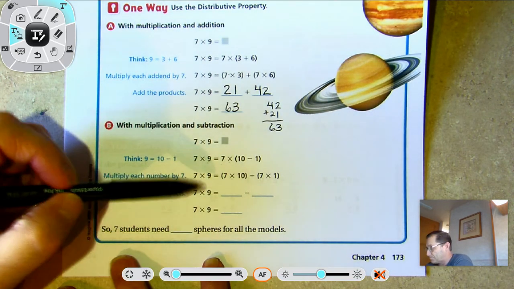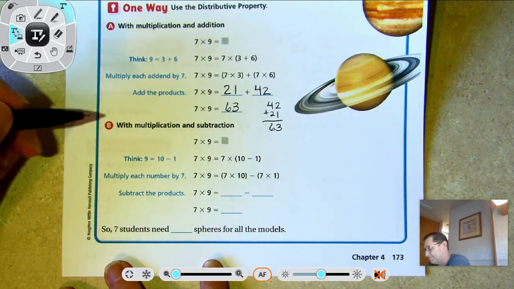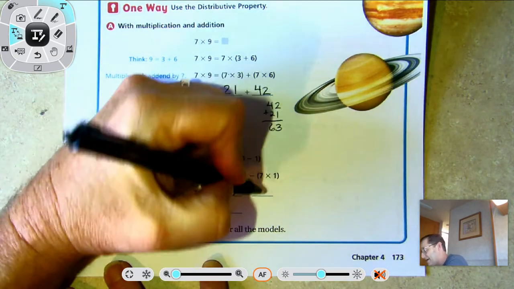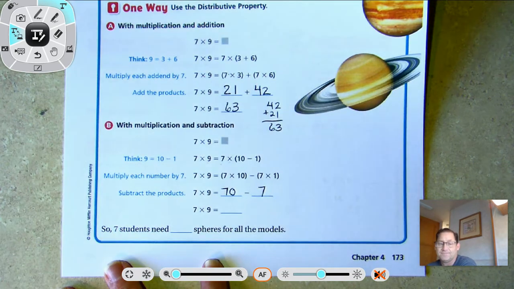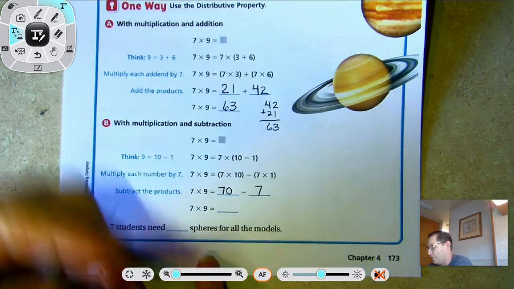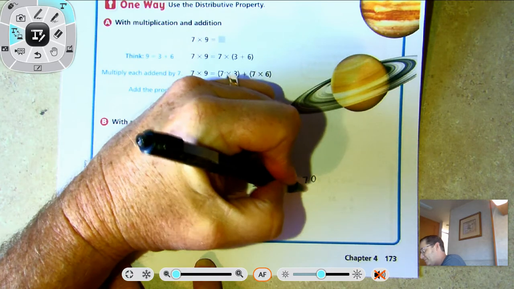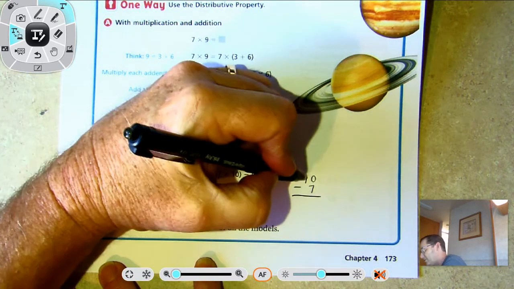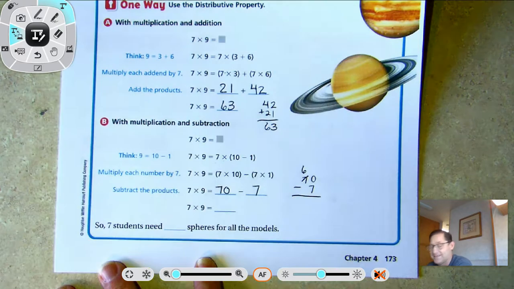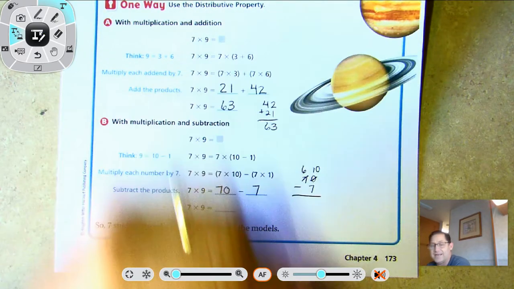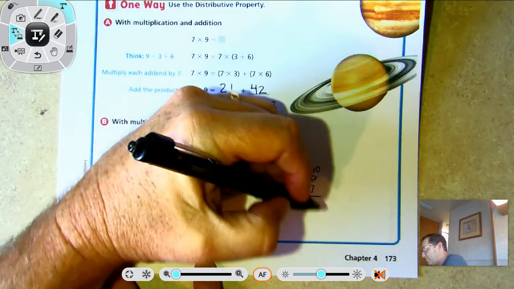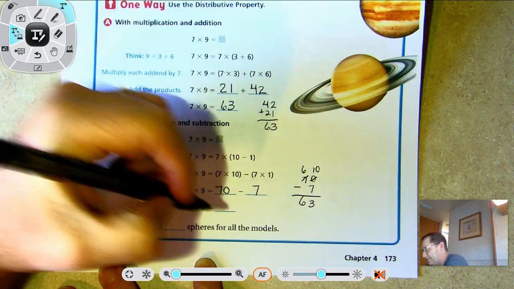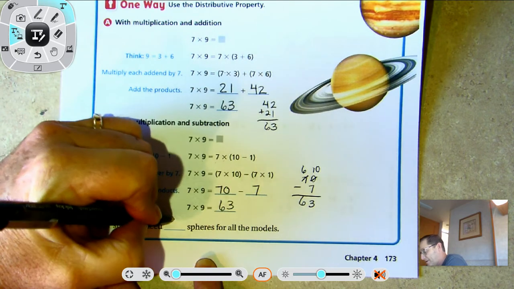All right, so 7 times 10, 70. 7 times 1, 7. So we have to take away 7 from 70. I can't take 7 from nothing, so I'll regroup the 7 tens as 6 tens and 10 ones. 10 take away 7 ones is 3 ones, and 6 take away no tens is 63.